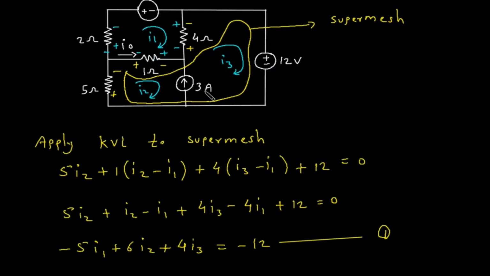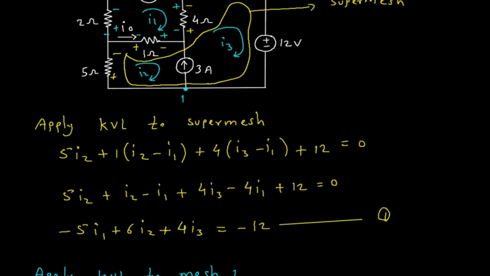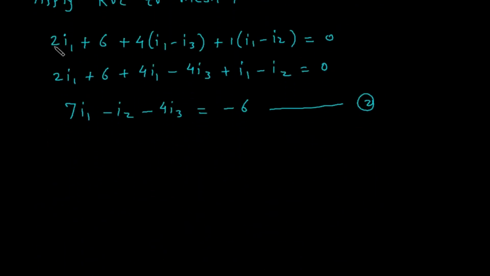Now, let's assume this is node number 1. So, we will apply KCL at node 1.